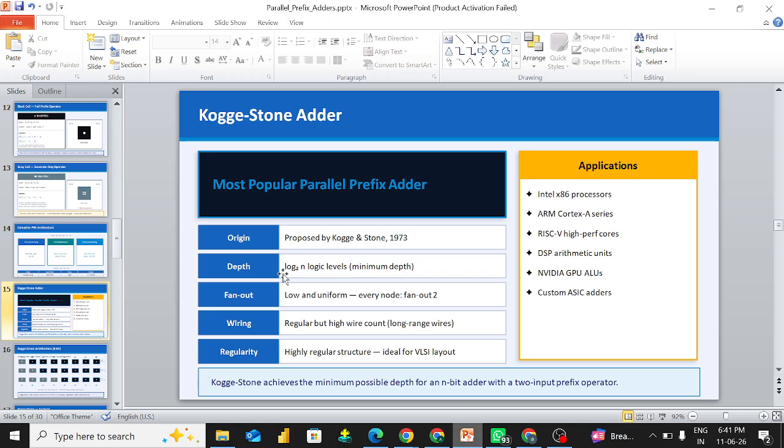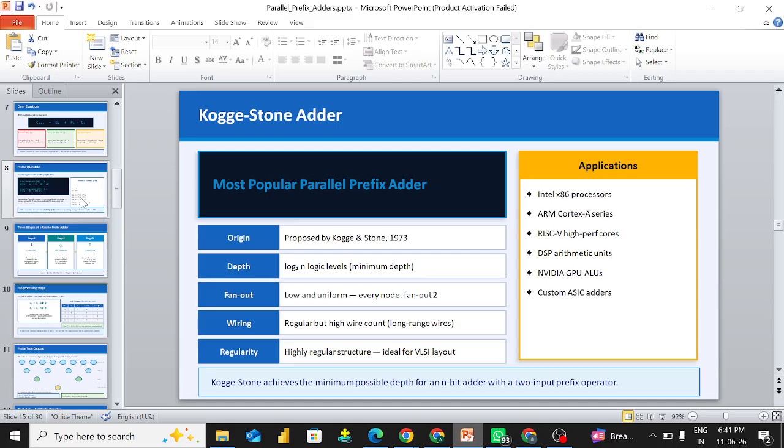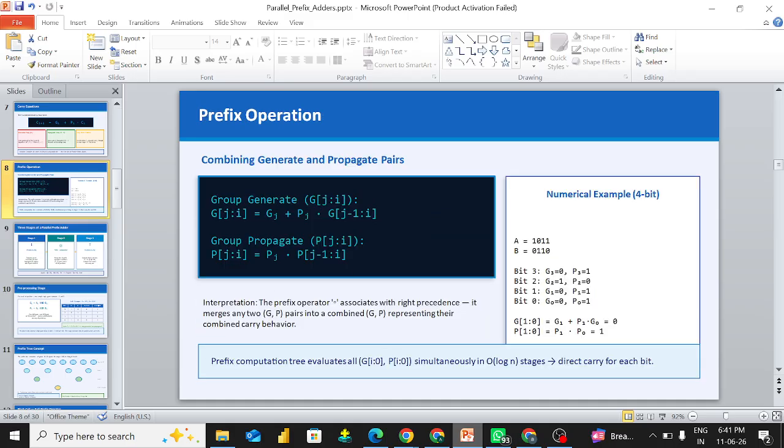There is an entire PPA, meaning a parallel prefix adder, built using one mathematical operation, and that is called the prefix operation. We learned the prefix operation right here. What is the prefix operation?